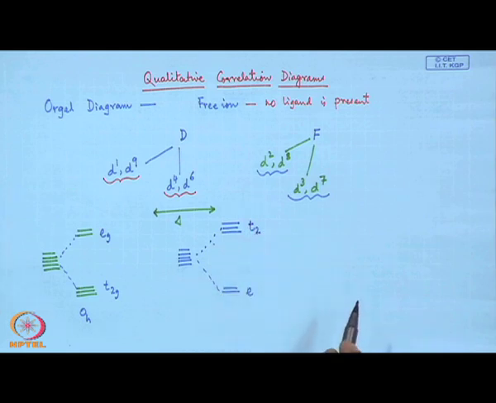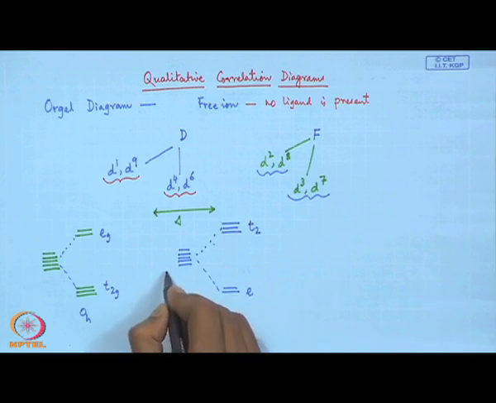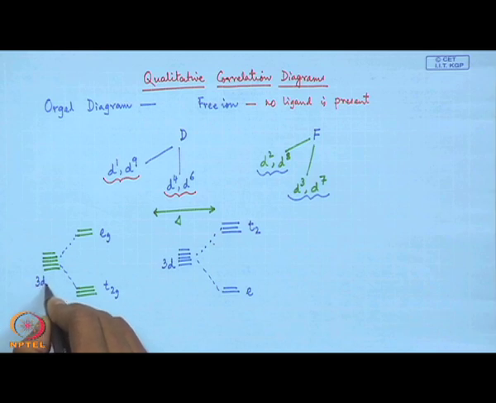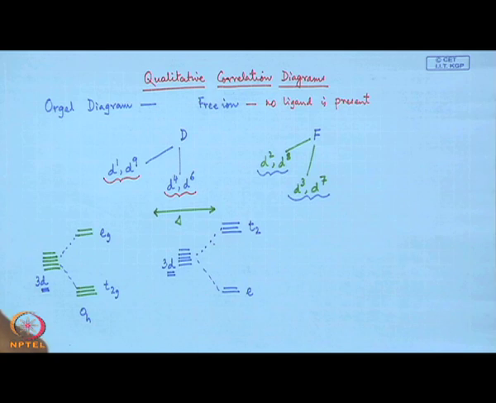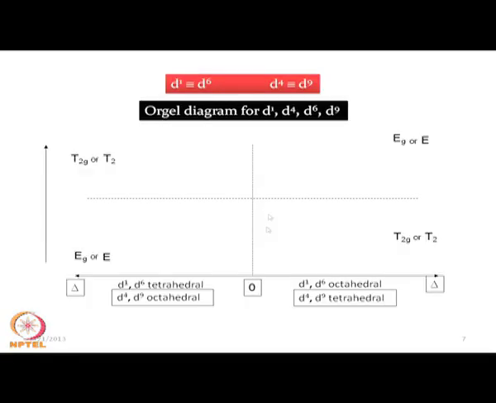The same thing happens here, except that instead of d orbitals we have d states. So they have the similarity. If these are the octahedral ones, then the others will be in the tetrahedral field, with the different electronic configurations on the left and on the right.